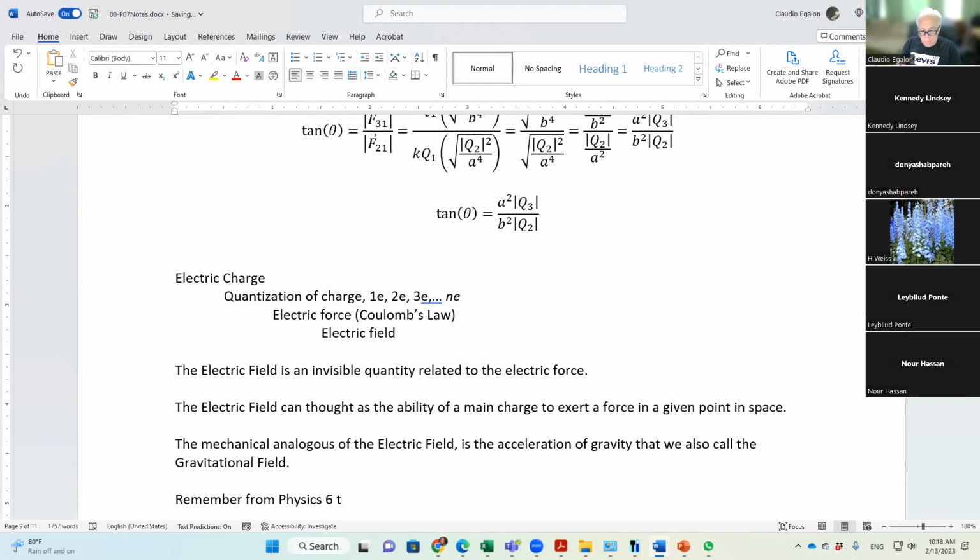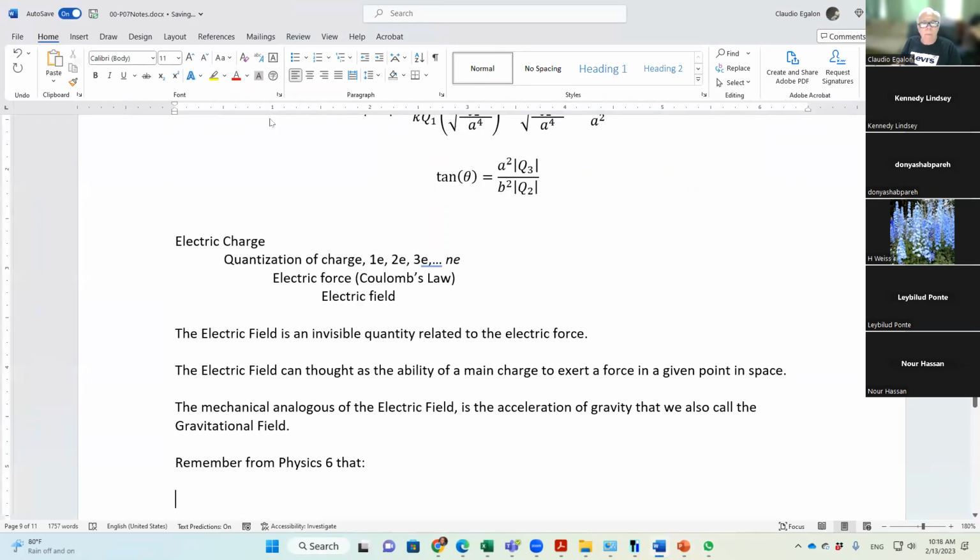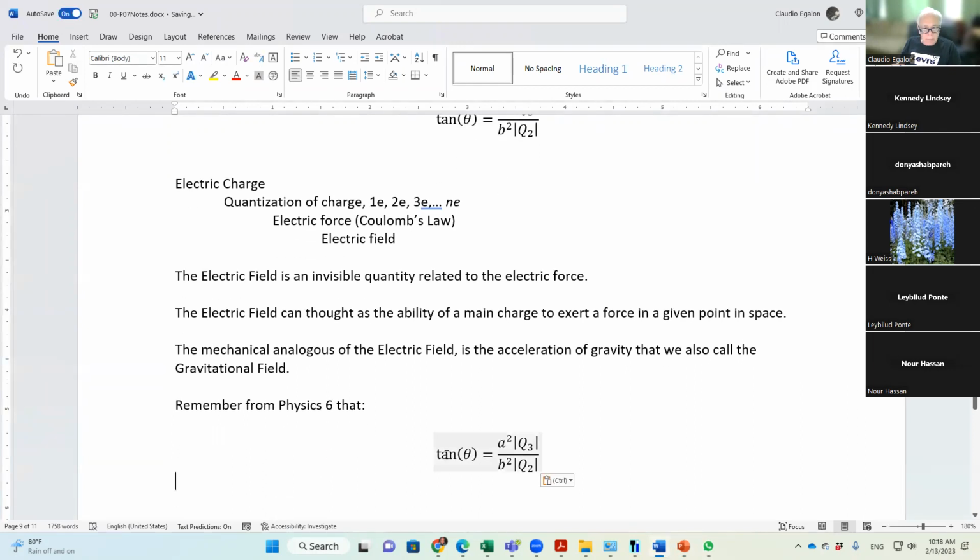The weight, right? Same thing here. The weight is equal, right? Don't forget that the weight is a force, is equal to mg.